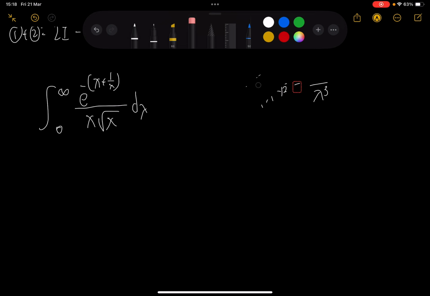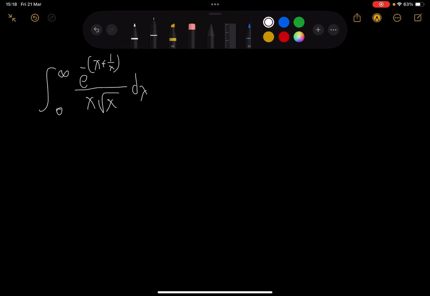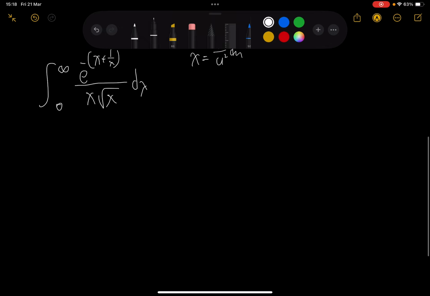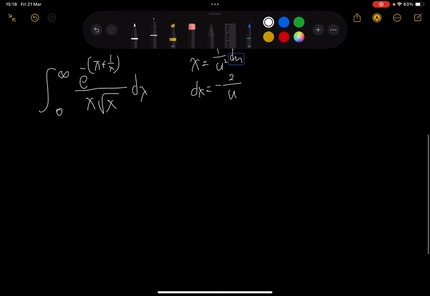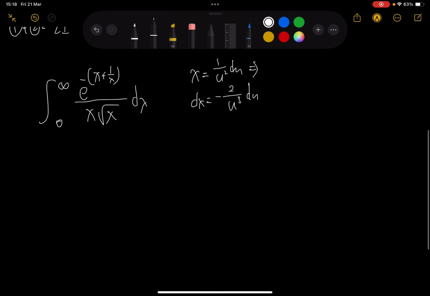So I'm going to substitute our x is equal to 1 over u squared. And then do the derivative, you can get negative 2 over u cubed. And then we let x be equal to that, so our u is going to be equal to 1 over square root of x.